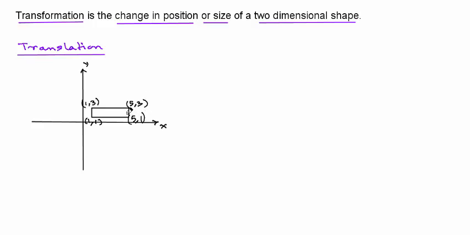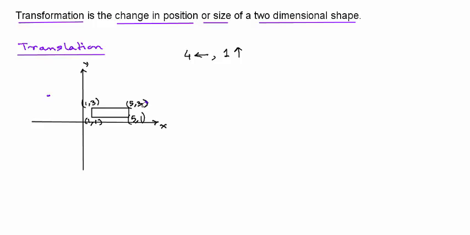And if you want to translate this rectangle 4 units to the left and 1 unit up, the new position of this point 1, 3 would be 1 minus 4 because you're going left, so that's negative 3 comma, and then the 3 goes up by 1, so we have negative 3, 4.